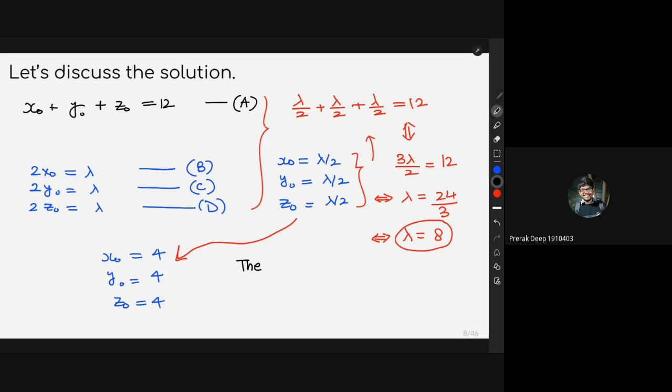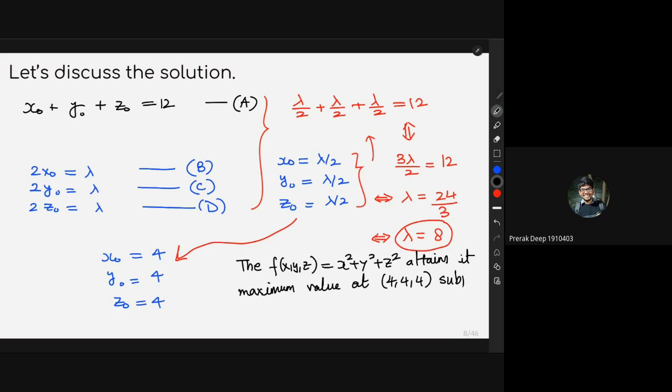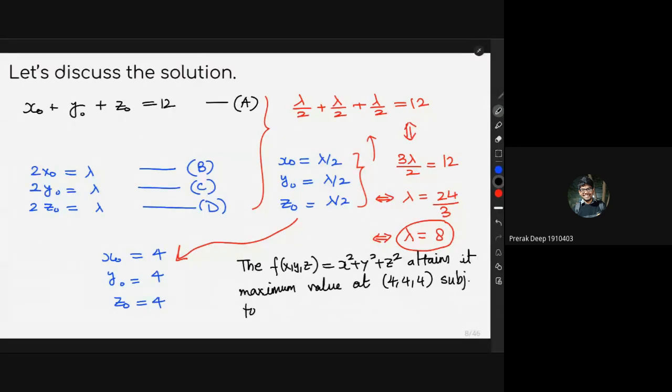So the function f(x, y, z) equal to x square plus y square plus z square attains its maximum value at 4 comma 4 comma 4, subject to the constraint which is x plus y plus z equal to 12.